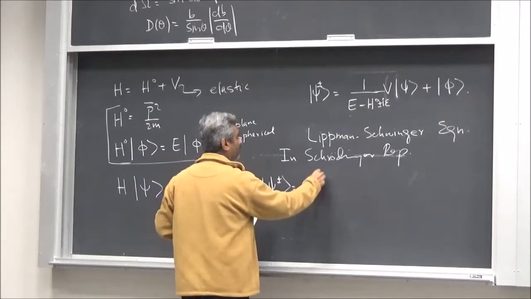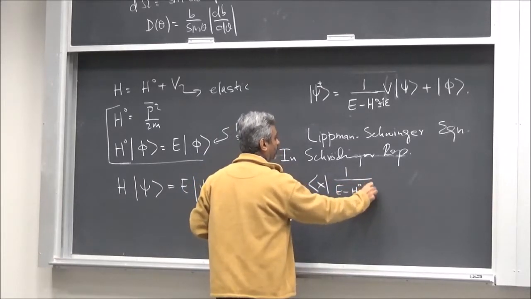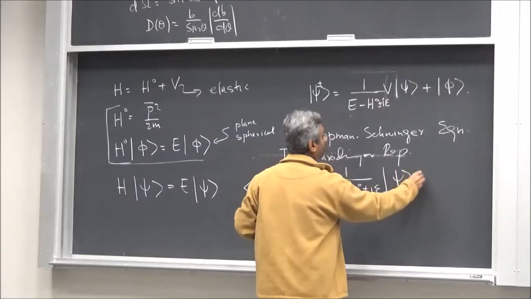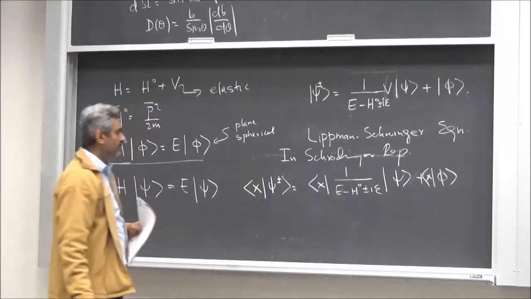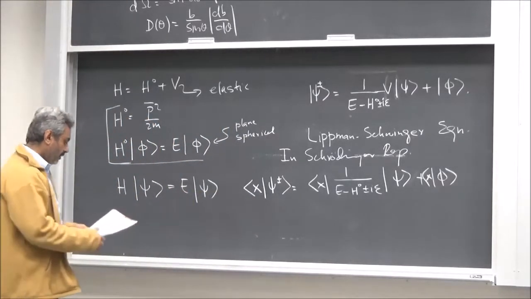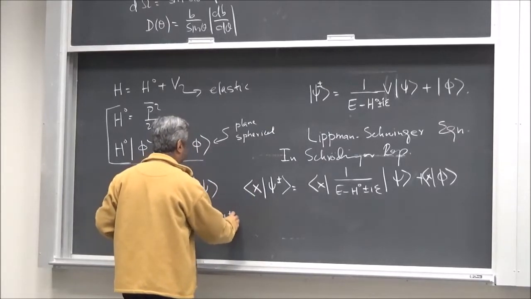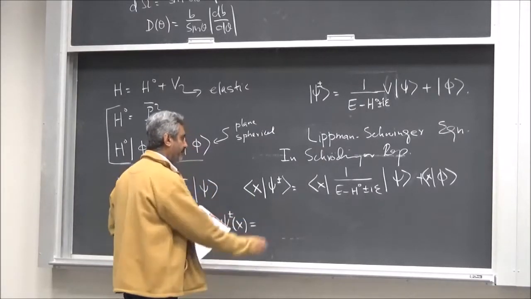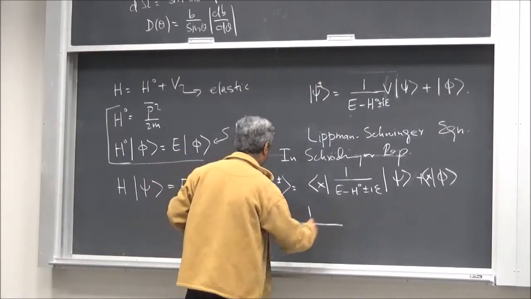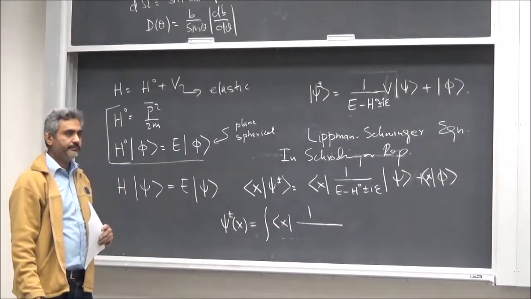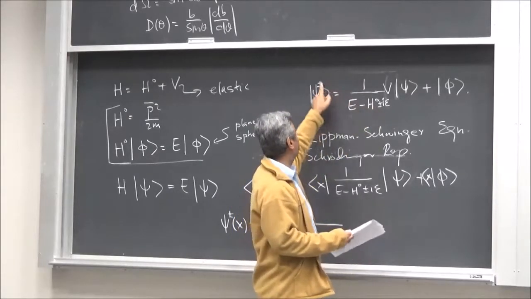And this would become x, 1 over E minus H naught plus minus i epsilon, psi plus minus. So this will become psi of plus minus x. यहाँ पर प्लस माइनस का होता है ना इसमें. ये प्लस अगर करें तो प्लस, माइनस करें तो माइनस.